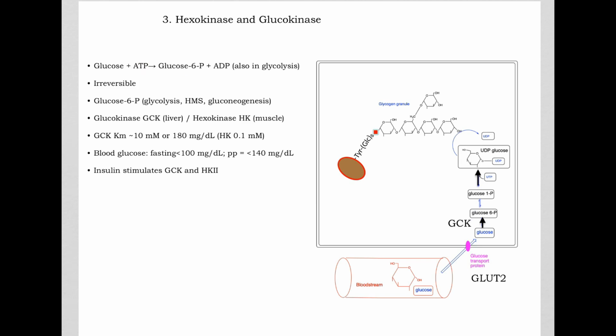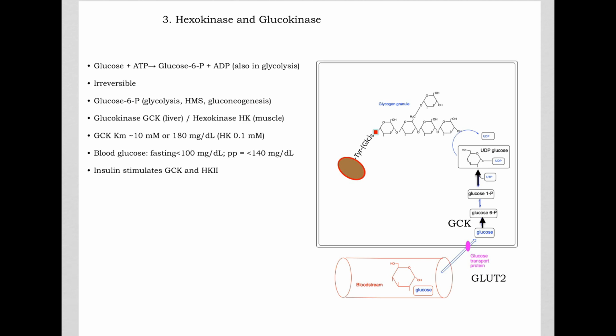This is an irreversible reaction, and glucose 6-phosphate is a very important intermediate, not only in glycogen metabolism, but we saw glucose 6-phosphate in glycolysis. We will see that in another pathway called hexose monophosphate shunt, and we'll also see that glucose 6-phosphate is an intermediate of gluconeogenesis in future videos.